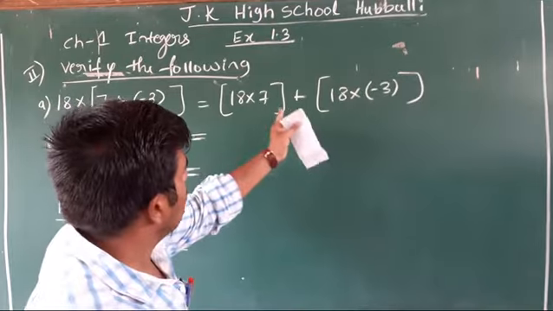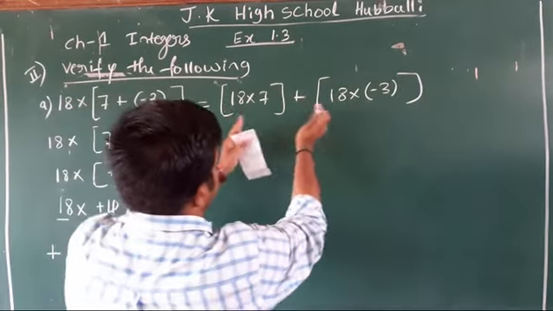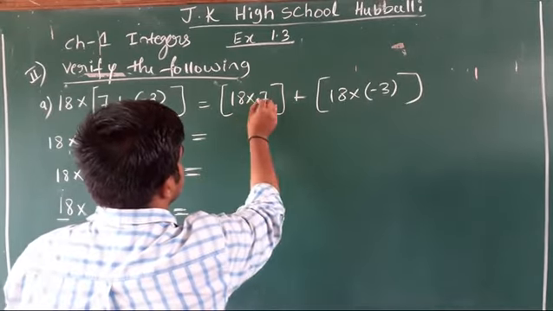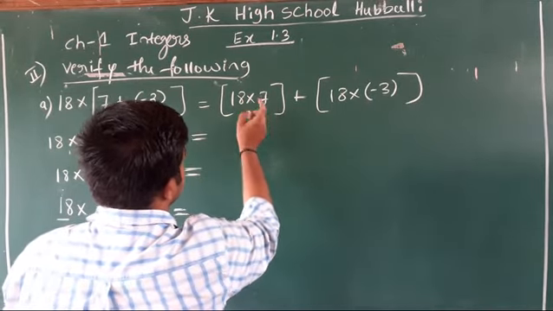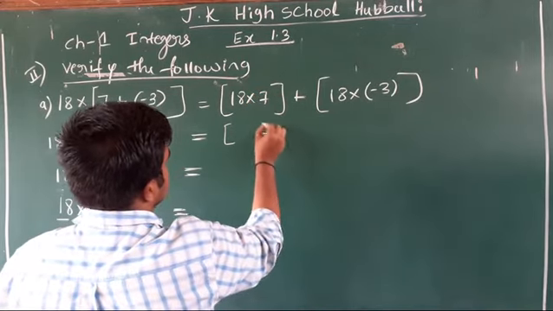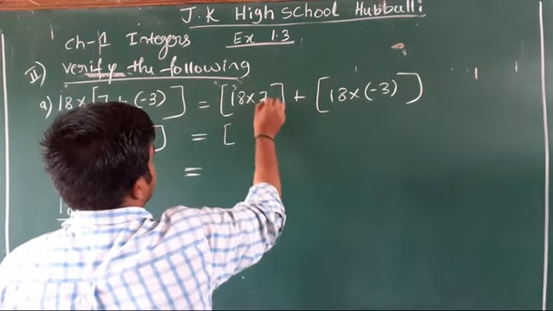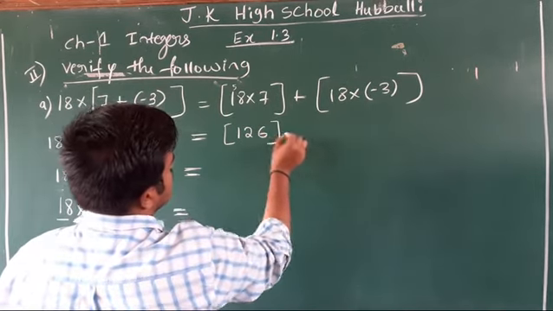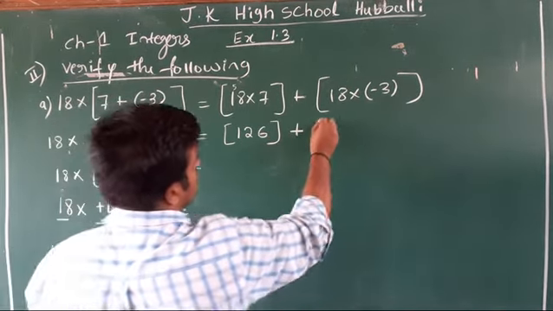Next, you solve this. Two terms are separate, plus is there. First you solve this bracket. 18 7s: plus into plus is plus. 18 7s are 7 8s are 56, 5 here; 7 1s are 7, 7 plus 5 is 12, so 126. Plus as it is.